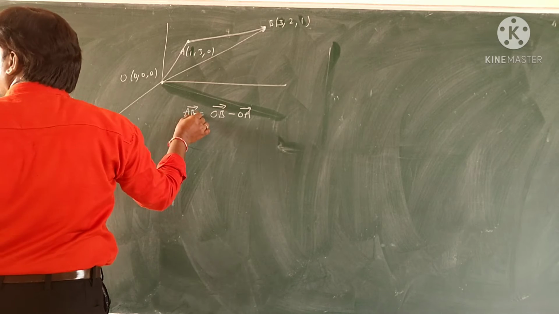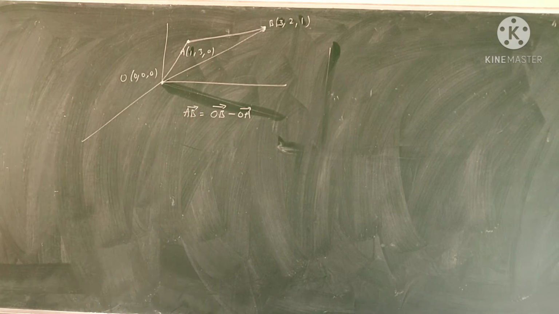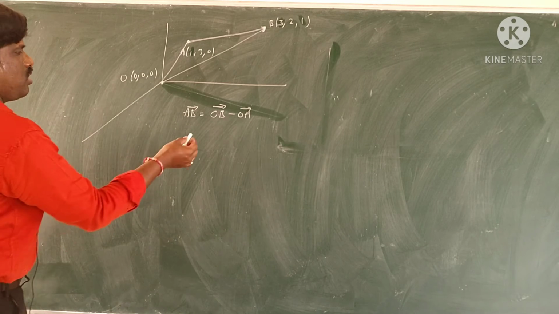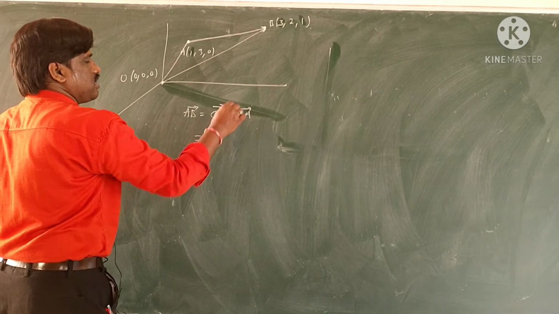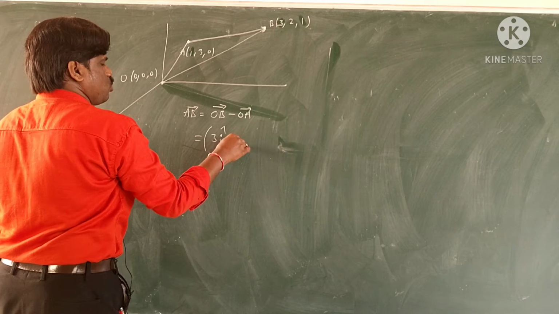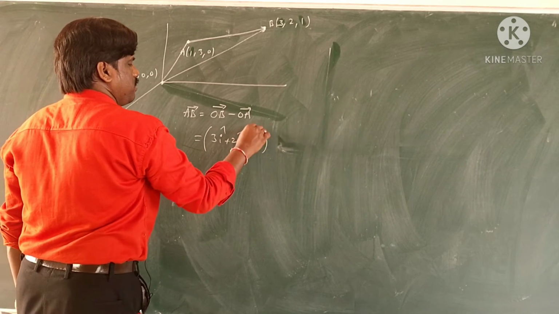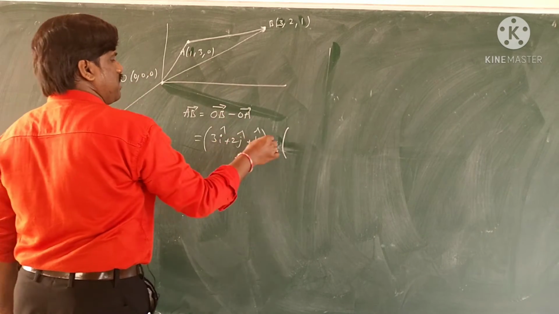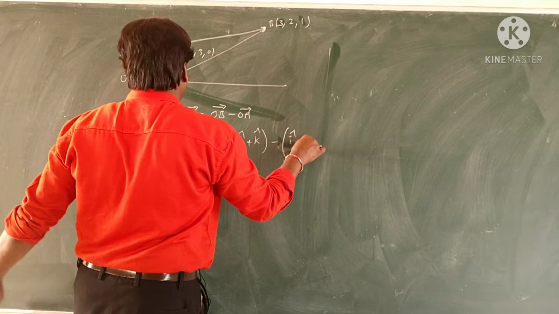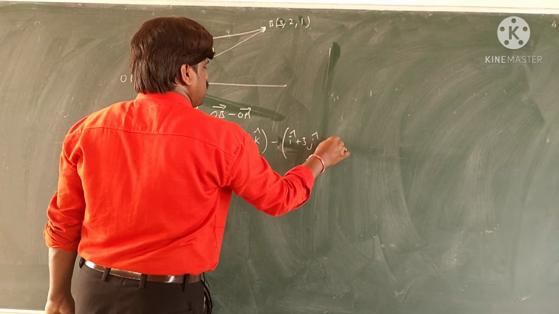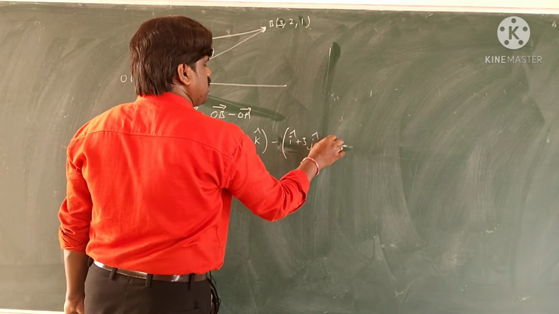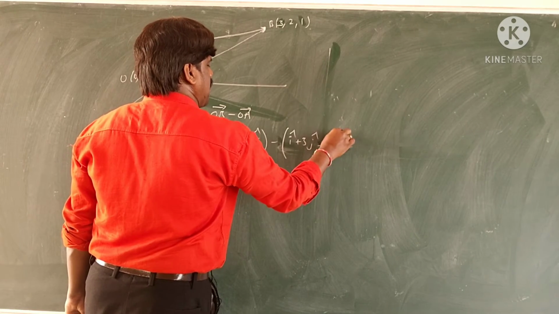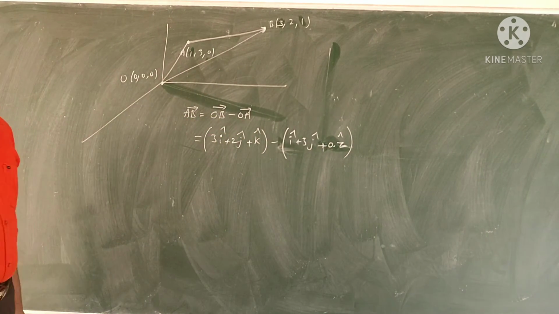So AB vector equals OB minus OA. Here OB is 3 i cap plus 2 j cap plus k cap, minus OA, which is i cap plus 3 j cap plus 0 k cap. 0 into k cap is 0 only.